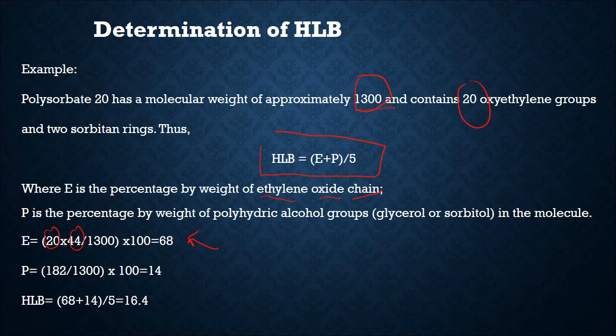And P is the percentage by weight of polyhydric alcohol groups in the molecule. So in this case, for Tween 20, the polyhydric alcohol group is 182, and the total is 1300, and then you have the percentage by weight. And the HLB of the whole molecule, using this formula, you calculate this one plus this one, divide by 5, and it is 16.4.